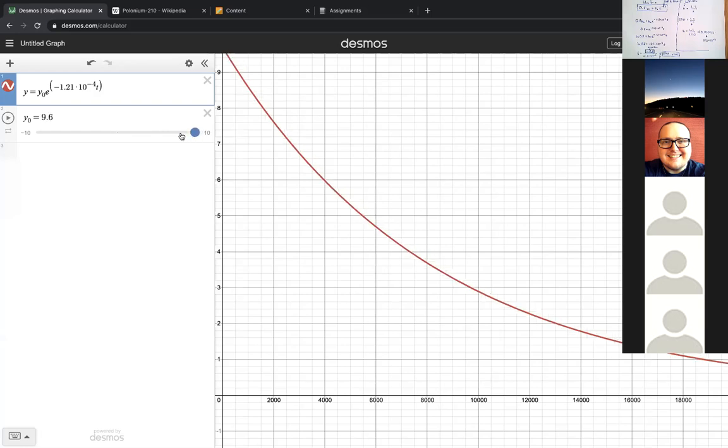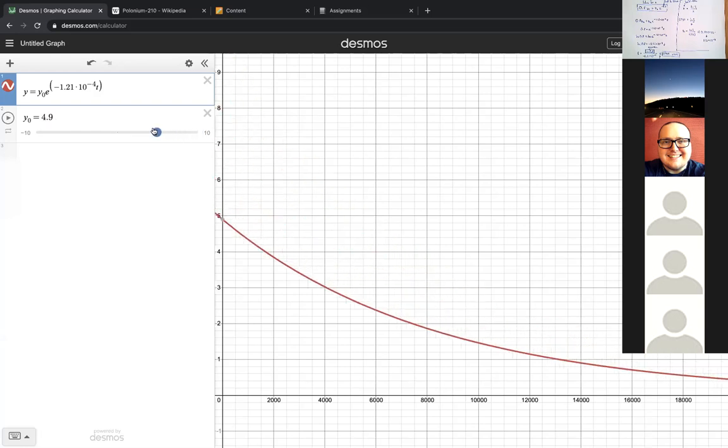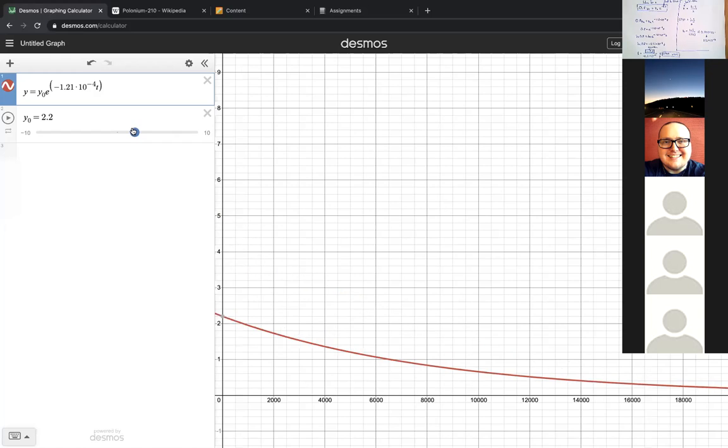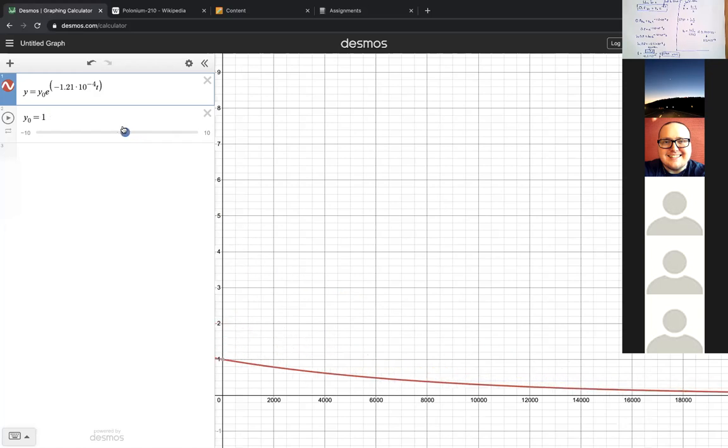And if I change it again, let's see, what's another convenient number? Let's just go with something low, like 1. 80% of 1 is 0.8. That's in here. And you can see again, it's the same amount of time to decay by 20%.